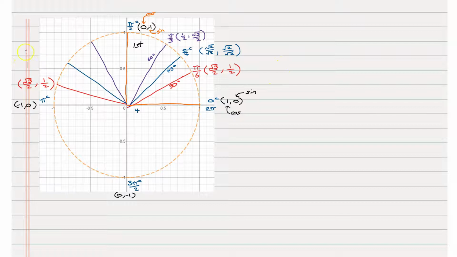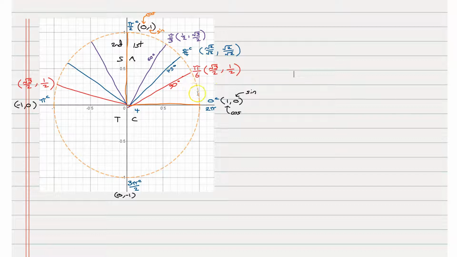But remember what I said about the positivity and negativity of the functions. So we had this mnemonic, all stations to central, and what that meant was that all of our trig values in quadrant 1 are going to have positive values.